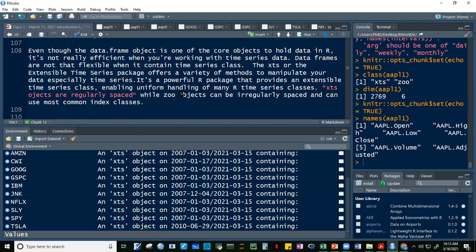Usually in XTS, objects are regularly spaced, while in zoo, objects can be irregularly spaced and can use most common index classes. So anyway, both zoo and XTS are designed to handle time series data.